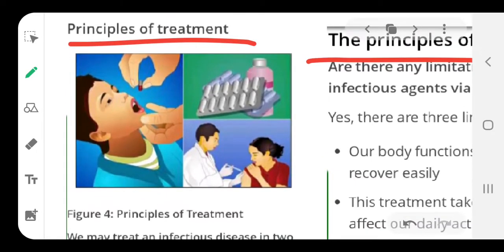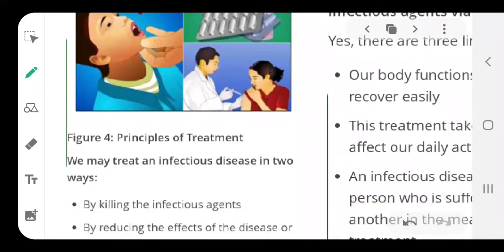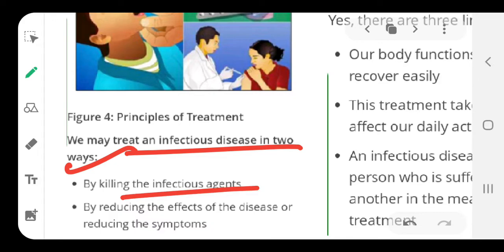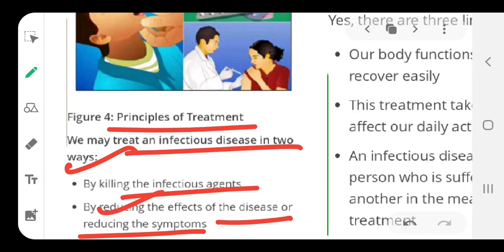But what are the various treatment principles that we normally follow, so that we can counter the infectious disease or pathogens? Number one, we kill them by killing the pathogenic agents, or number two, by reducing the effects of the disease or symptoms. That is the principle of treatment: make sure either to kill them or reduce their effect.